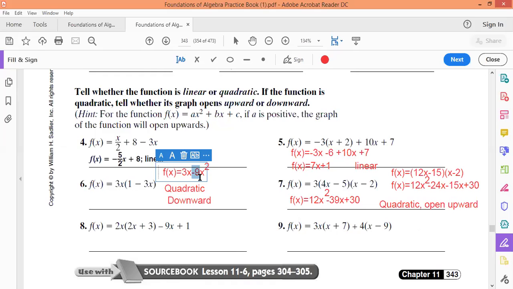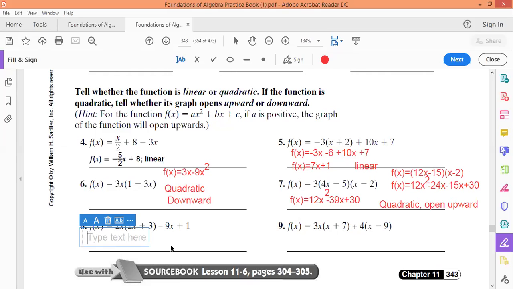So it opens downward, and here it's 12 with the x square, it's positive, so it opens upward. Yes, Yahya, you are asking something. Okay, but there is negative 39x. Forget about it. Only the first number, only the x square.